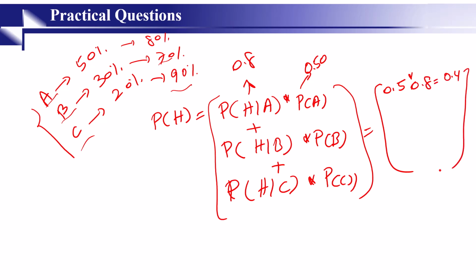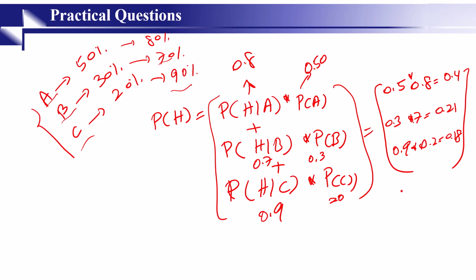Then probability of B is 30%, probability of H given B is 70%. So 30% multiply 70% is equal to 21%. Then probability of C is 20%, probability of H given C is 90%. Then 90% multiply 20% is equal to 18%.